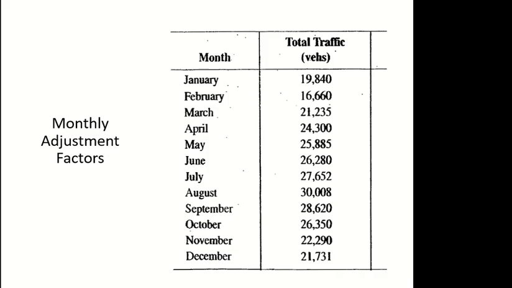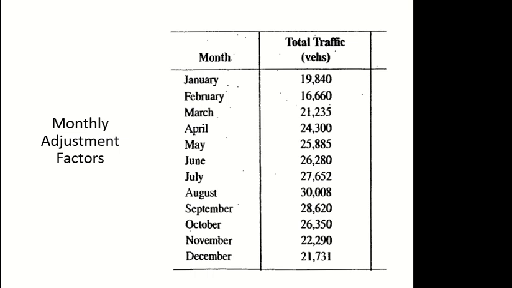Now this is another set of data where you don't have averages, you have totals, and the totals are for the months. The first value is the total of January. It's not the average of January, it's the total of January. The second one is the total of February, and so on.